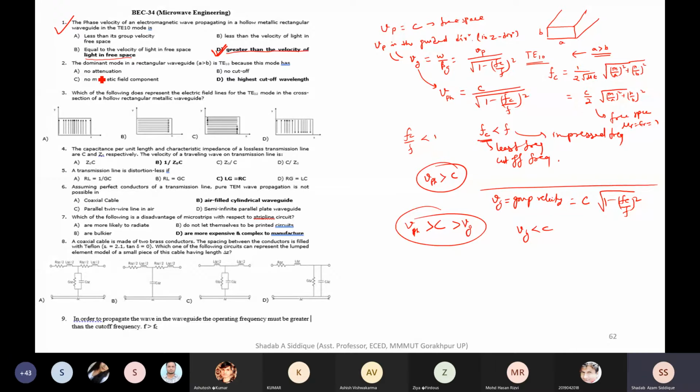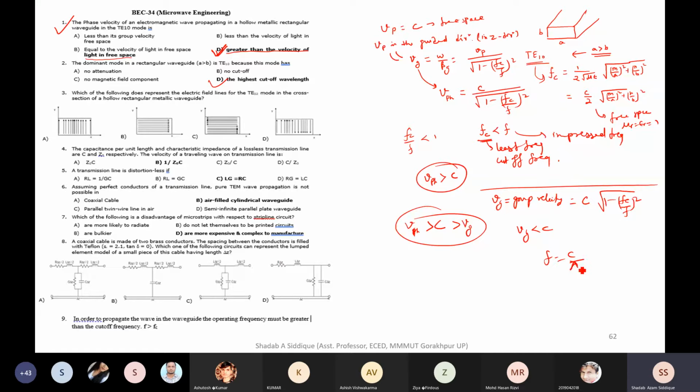Now the second problem says: the dominant mode in the rectangular waveguide for a greater than b is TE10. Yes, we know TE10 mode, because this mode has the lowest cutoff frequency, which means the highest cutoff wavelength, because f is equal to c by lambda.